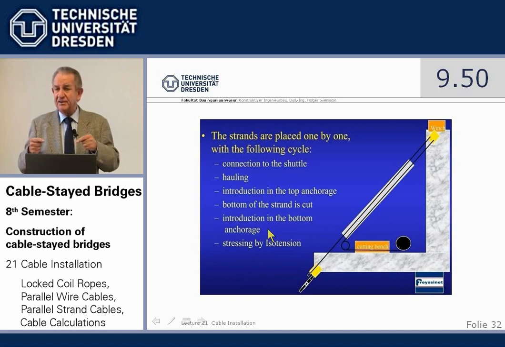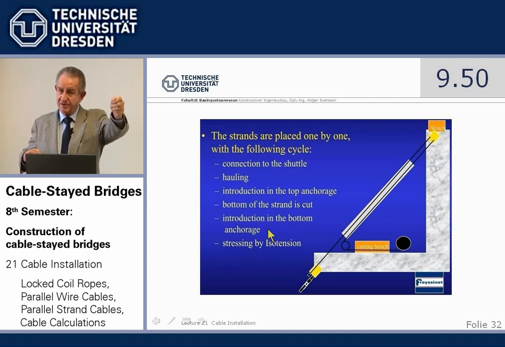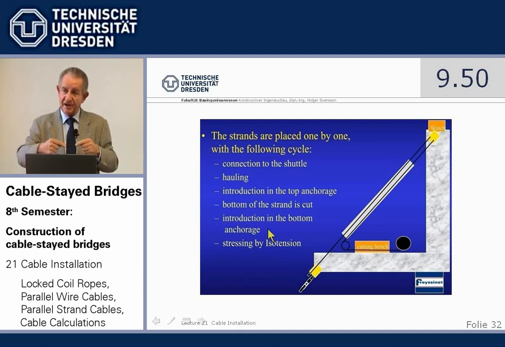It's fairly easy. What we do is we overstress the first strand. Then we install the next strand and stress the next strand in that way that both the first strand and the second strand have the same stress.